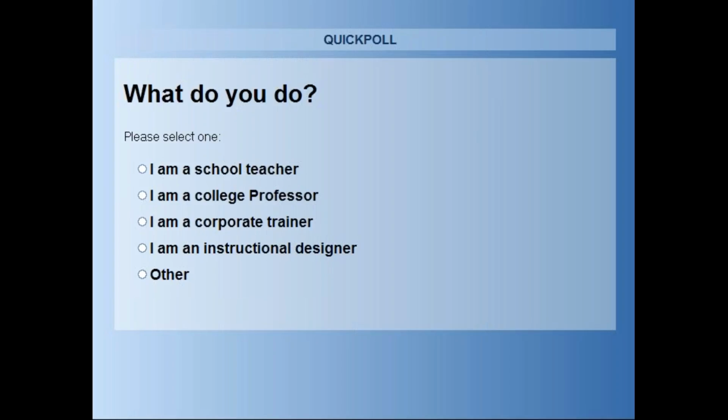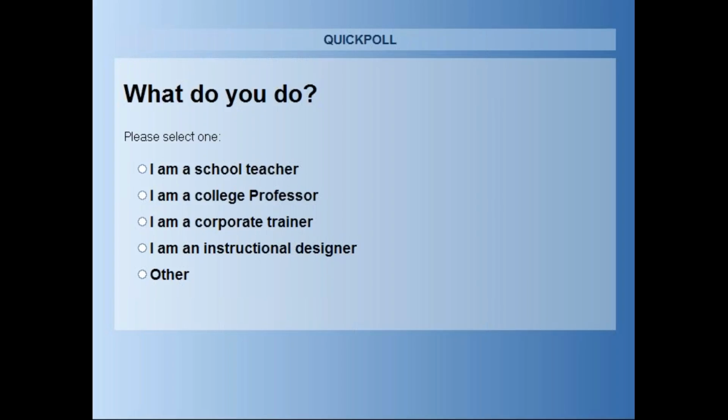Well, I can see more than one category that fits into my work profile. I had been an instructional designer earlier in my career, but now not only for schools, I'm also making courses for corporate training as well. Though I don't teach the corporate trainees directly, I teach them through the e-learning modules that I develop.